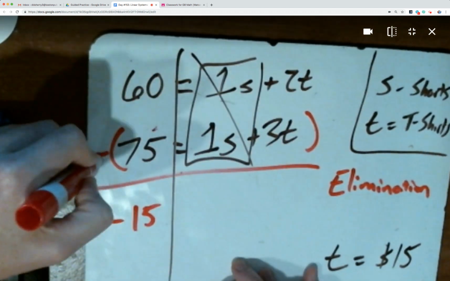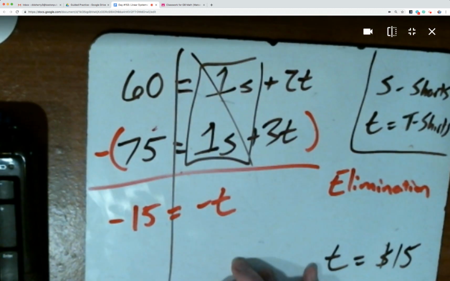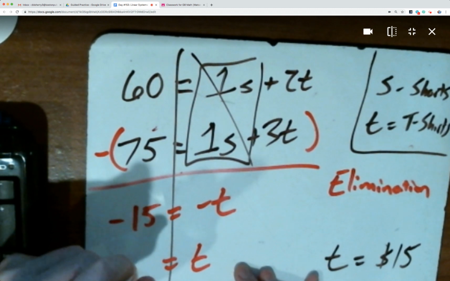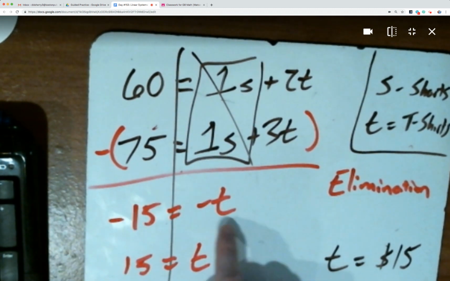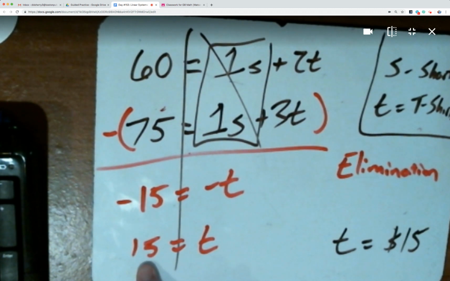And 2t minus 3t on the other side of the equation would give us negative t. And if negative t equals negative 15, we could multiply or divide by negative 1, get the inverse to realize t must be a positive 15.